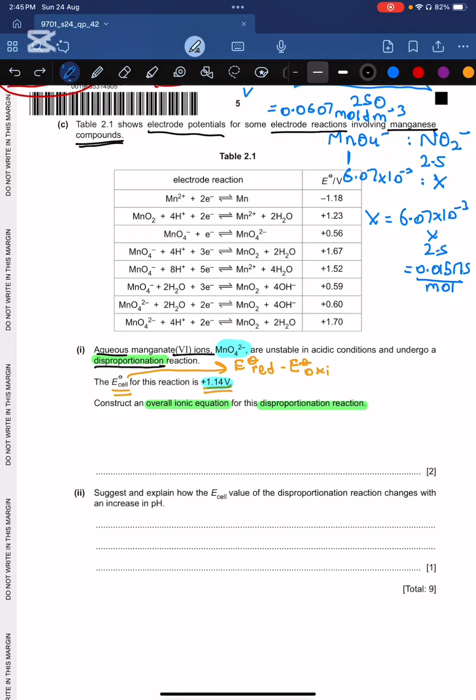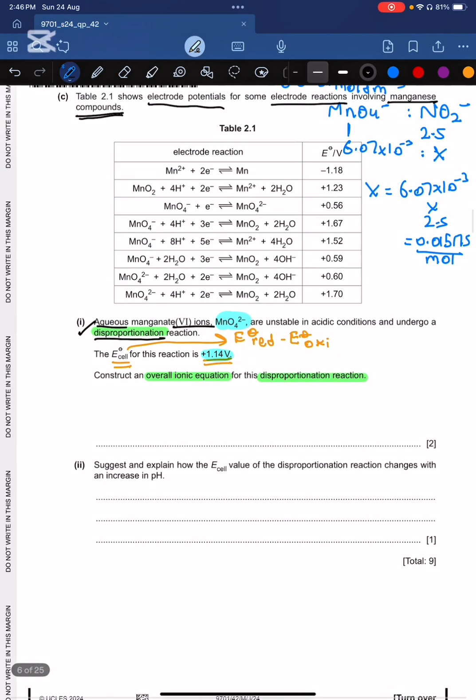So both of them need to be diagonally present in two different reactions for it to become a disproportionation reaction. Okay, let's look for two reactions which have manganate ions present on opposite sides. Which are these two reactions? And the fourth point, I just noticed, it's acidic conditions, which means that H plus ions will also be present.